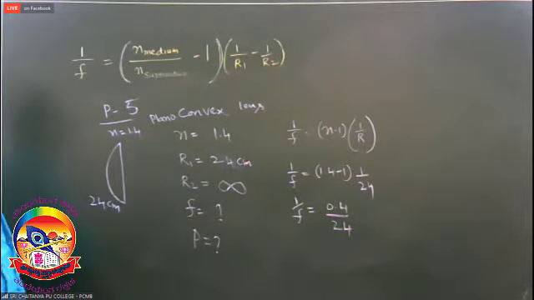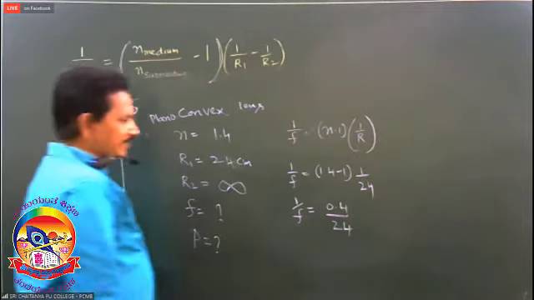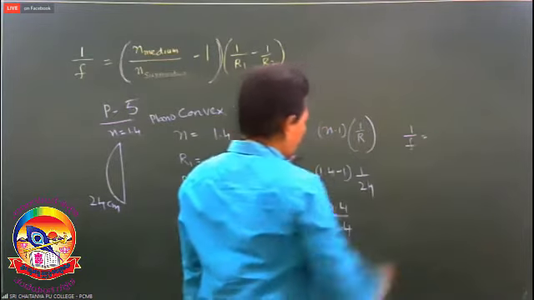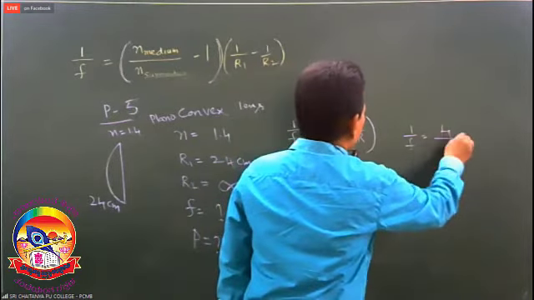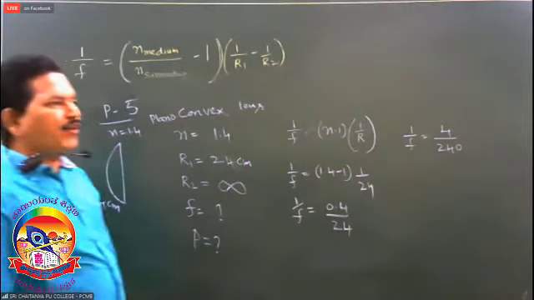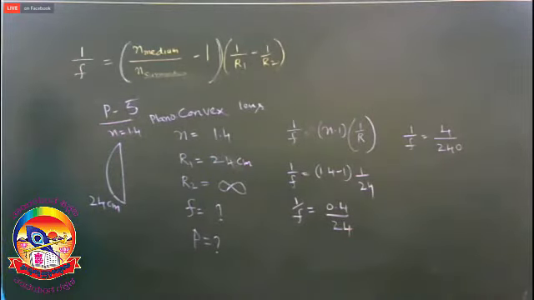1.4 minus 1 is 0.4. If I remove the decimal point, 1 by F is equal to 4 divided by 240, because 0.4 can be written as 4 by 10. 10 into 24 is 240.